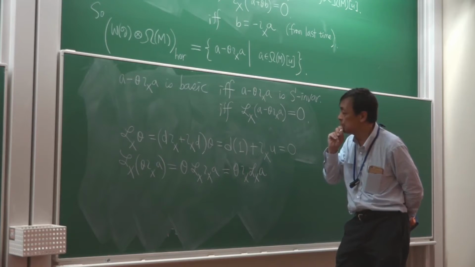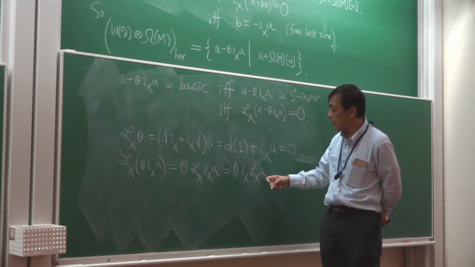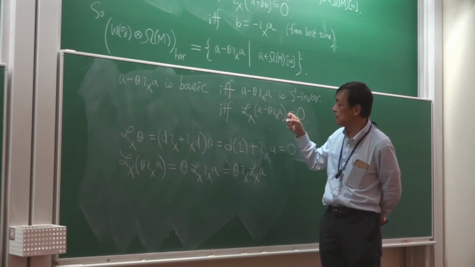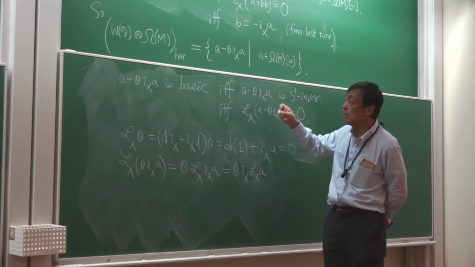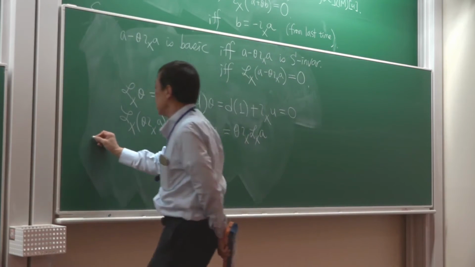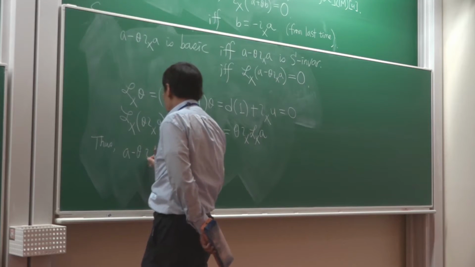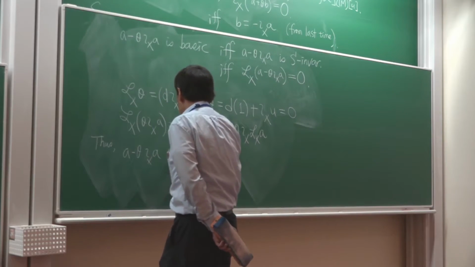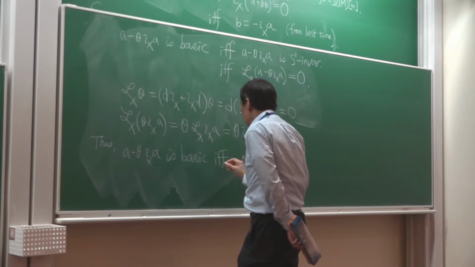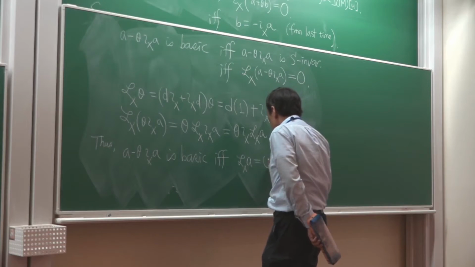Okay? So if L_X A is 0, this term will be 0, and this term will be 0. So the condition for A minus theta I_X A to be basic is that L_X A is 0.